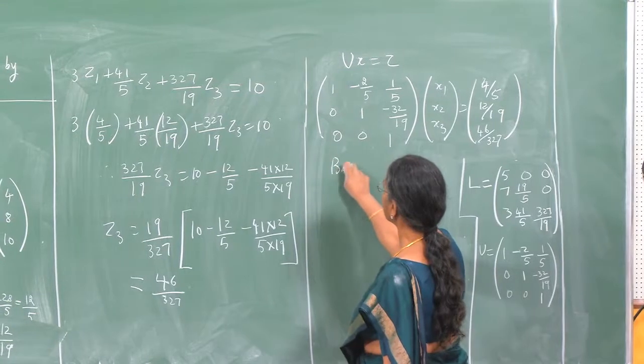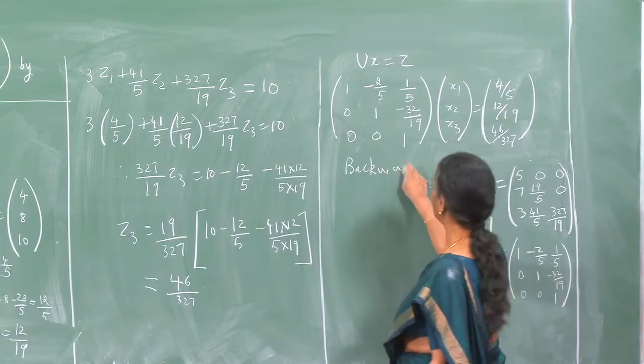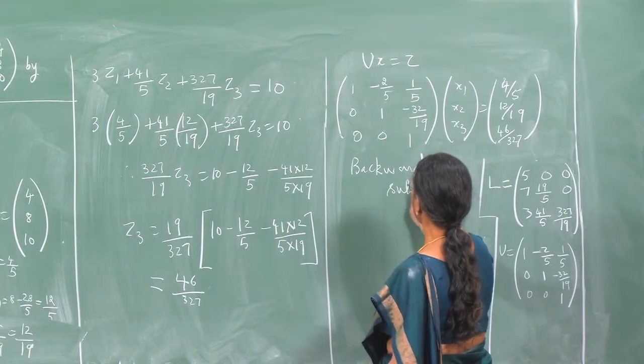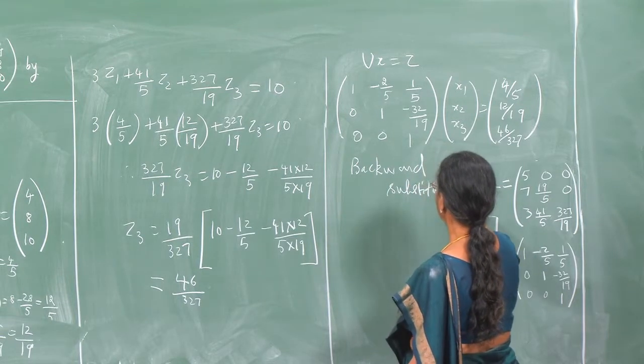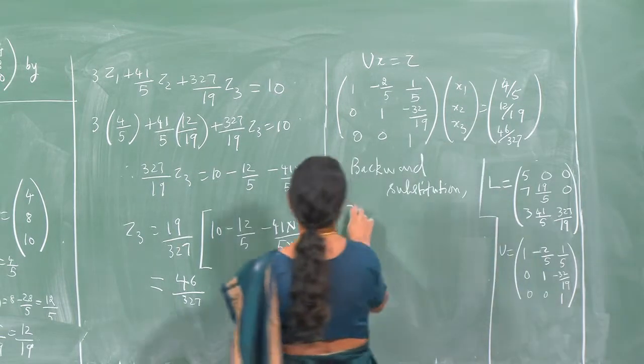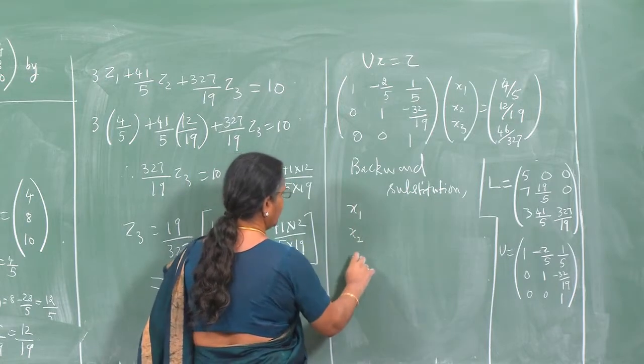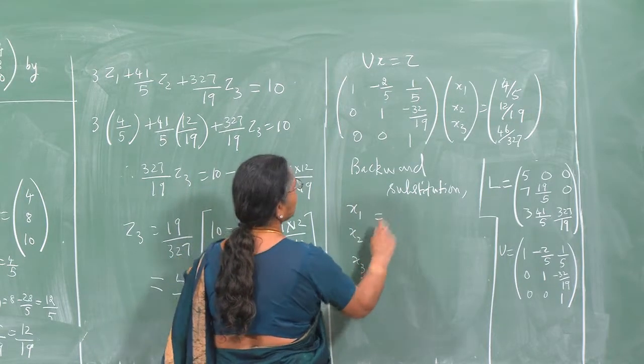So, use the backward substitution method and obtain the values of the unknowns x1, x2, x3.